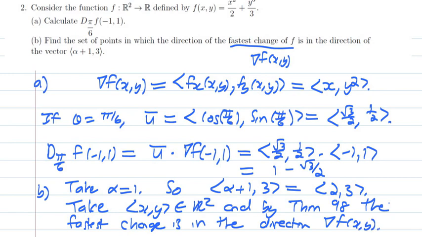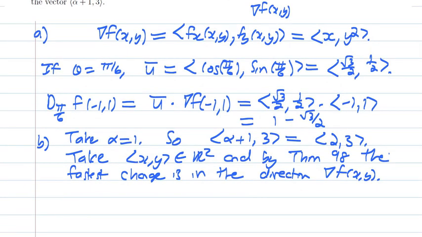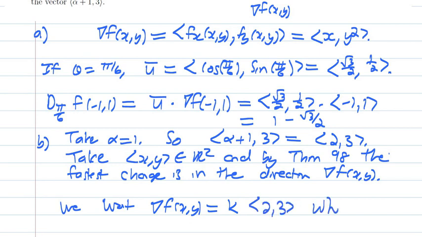And so we want the fastest change to be in the direction of the vector alpha plus 1, 3. So it means they must be scalar multiples of one another. So we want grad f to be a scalar multiple of the vector 2, 3, where k is positive.